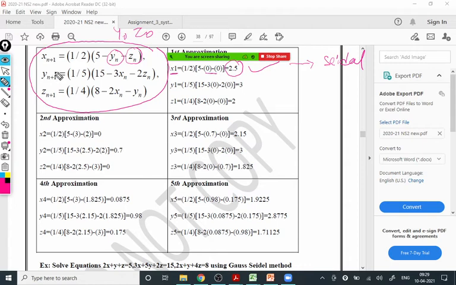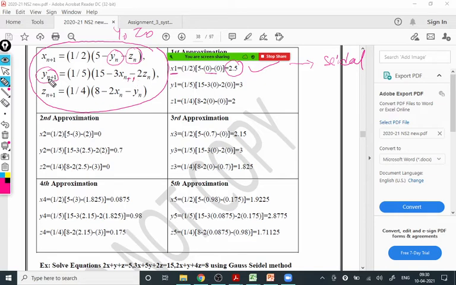But when you calculate y1, it becomes 1 by 5 into 15 minus 3 times xn. Now here for x, x1 is already available, which is the latest value available for x. So we use x1 instead of xn, which we write as xn plus 1.